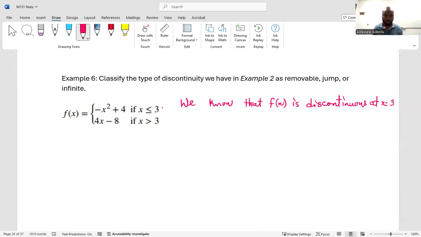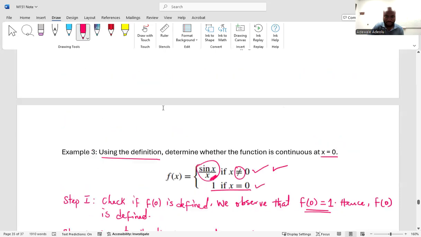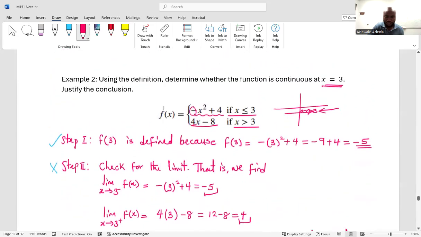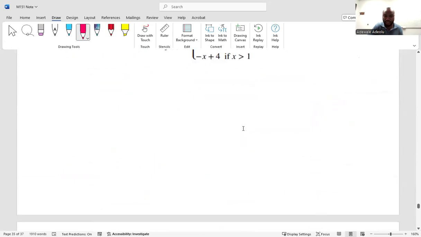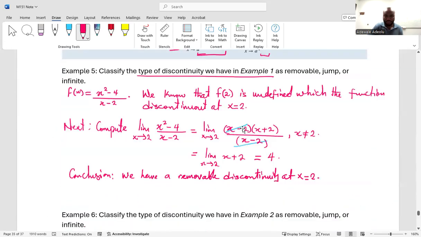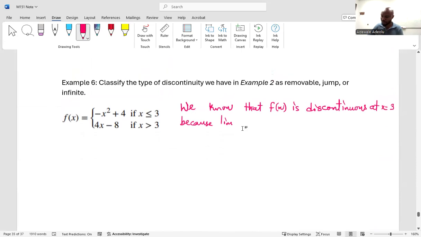How? Because of the limits. Let us revisit that. It's about the limit, I believe. Can you see? The limit from the left is not the same as the limit from the right. So we'll say that the limit as x goes to 3 of f of x does not exist.